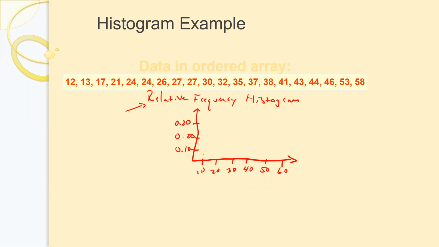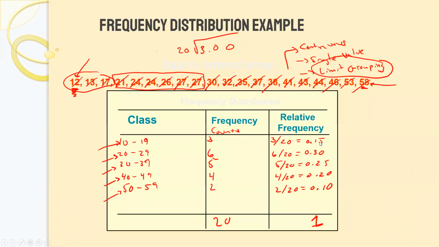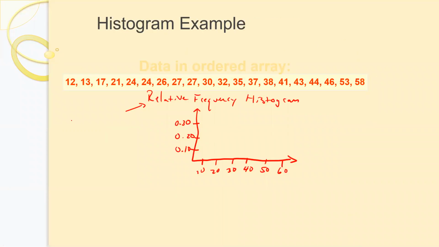Okay, the first group, if you look back here, the relative frequency was 0.15. Then the next group, there were 1, 2, 3, 4, 5, 6 of them, so it was 0.30. So for the 20s, you're going to build the bar off like that.